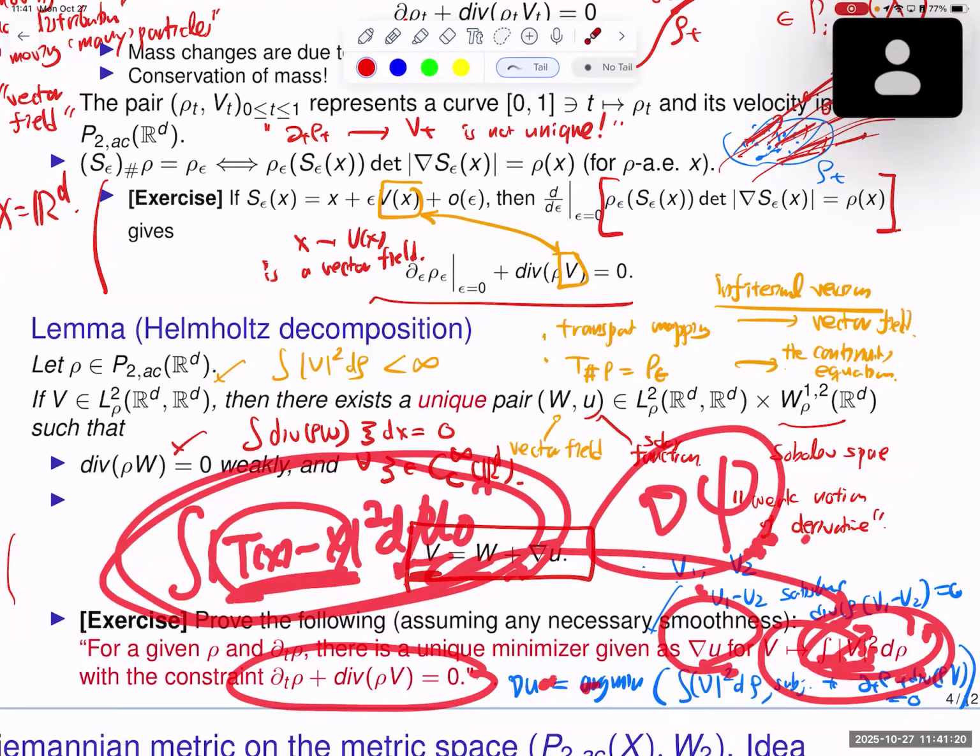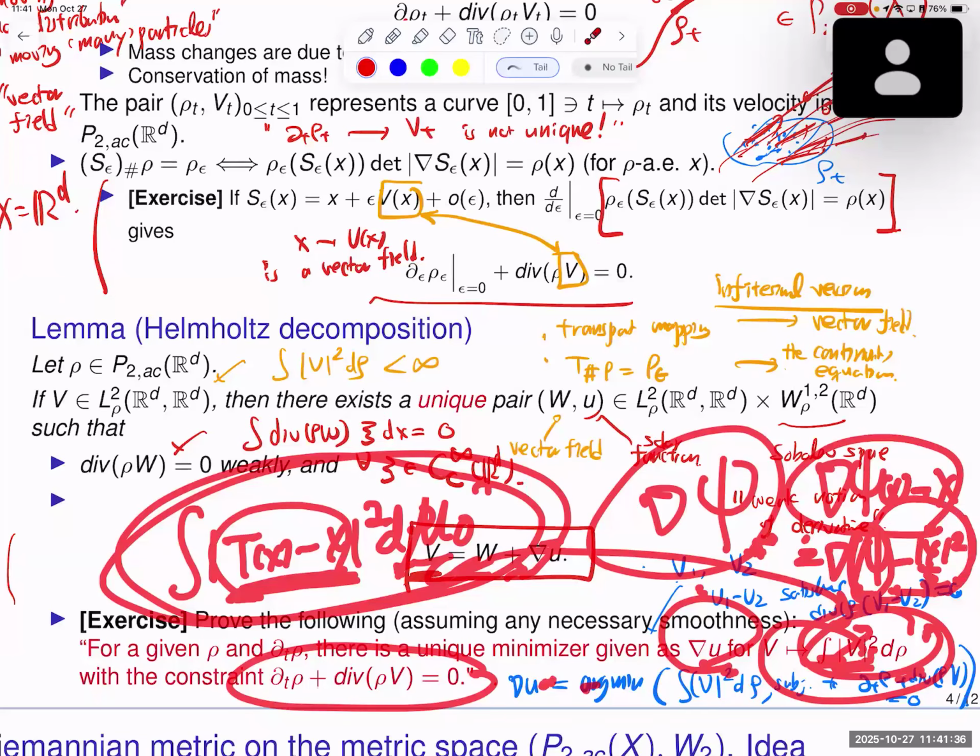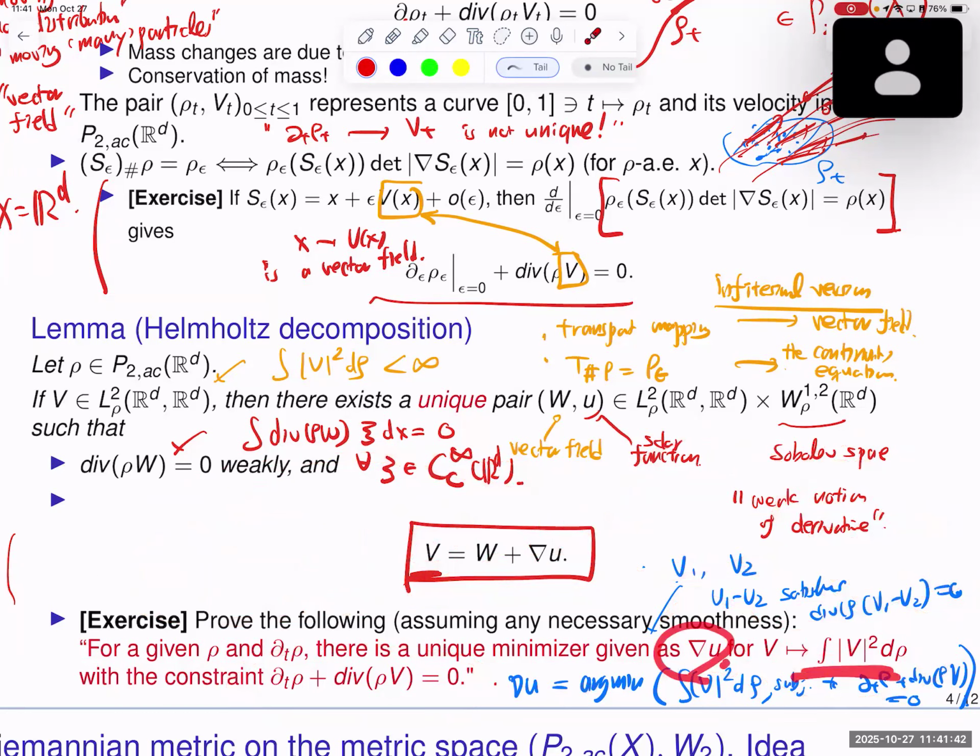So it is basically gradient of psi minus x squared over 2. So psi is convex, but psi minus x squared over 2 is not necessarily convex, but it is still a function. So this is why you can expect such a minimizer is gradient of u if you knew Brenier's theorem.